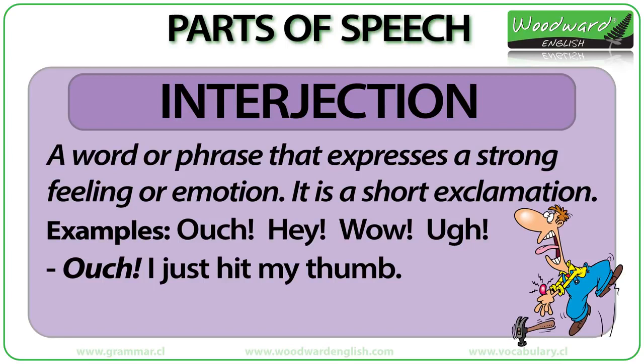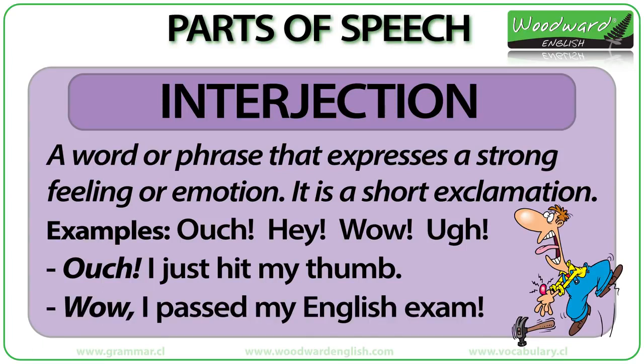I just hit my thumb. The interjection ouch is used to express that something painful just happened. Wow, I passed my English exam! Wow is used to express surprise or amazement. Sometimes with interjections, the exclamation mark is at the end of the sentence and not immediately after the interjection, as in the case of the last sentence.